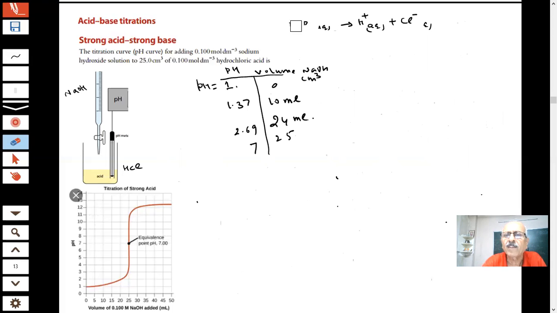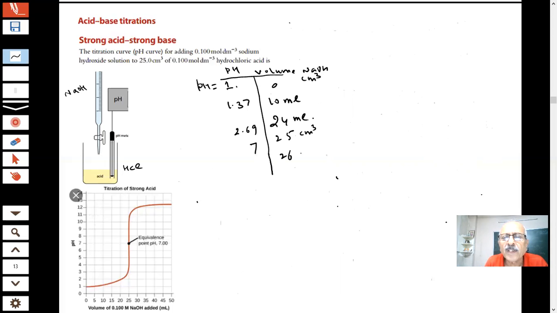That is our equivalence. So we know that you have equal moles at the equivalence point. Then after 7, if you add, this is 25 centimeter cube.